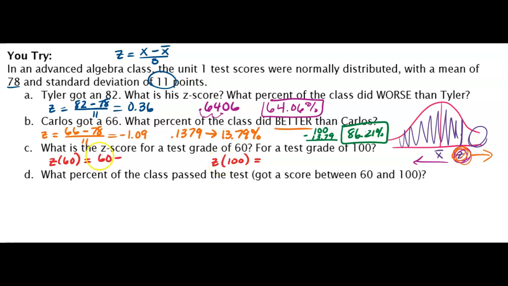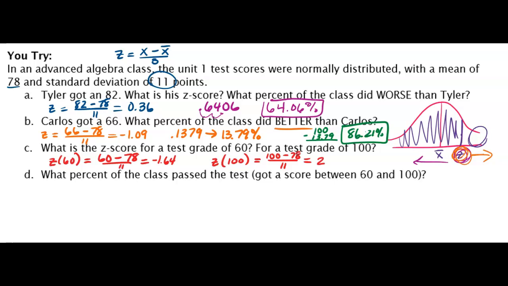For the first one, I'll replace my x with 60, and then the mean and standard deviation don't change. And when I do my calculations, I get negative 1.64. And then if I do z for 100, I plug it into my formula, and when you put it in your calculator, you're going to get 2, just plain 2.